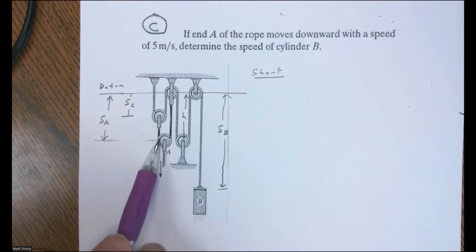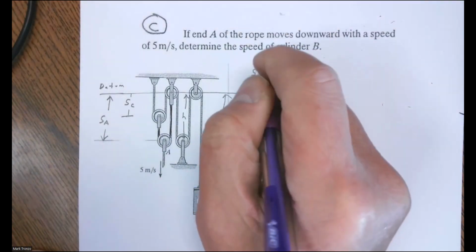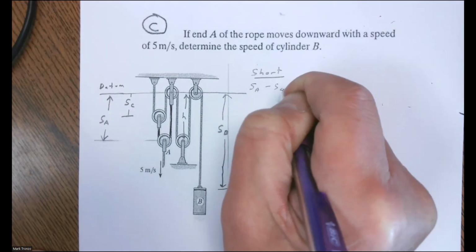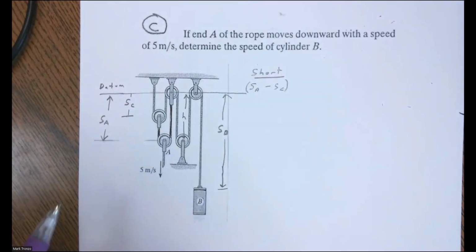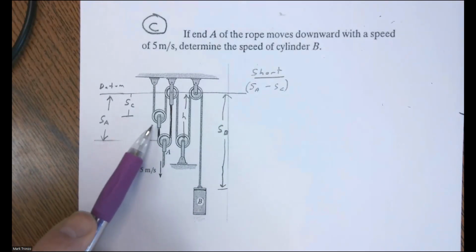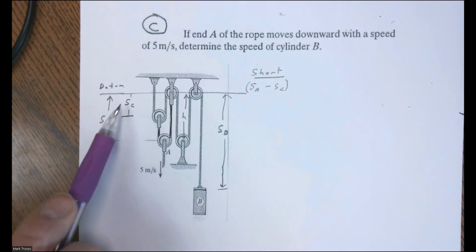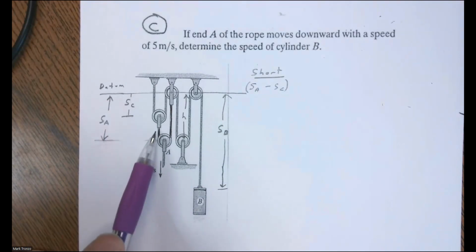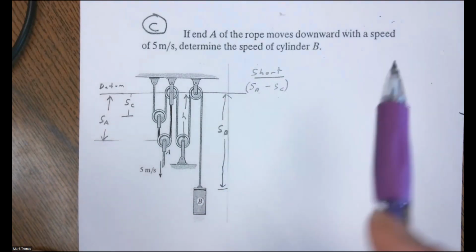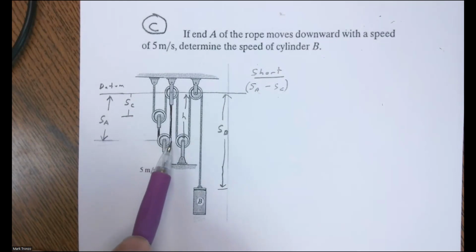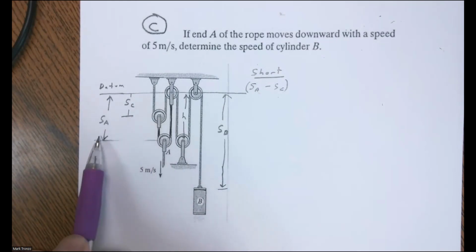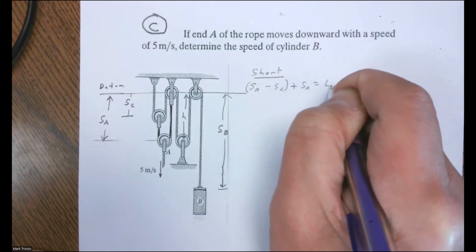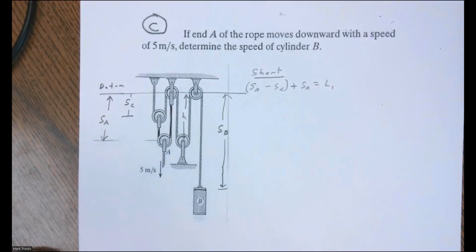So this length right here can be described as SA minus SC. Of course, SA was measured from a fixed point, SC from a fixed point, so we can do that legitimately. And then this length right here would be SA. And that's going to be equal to the length of the first cable.